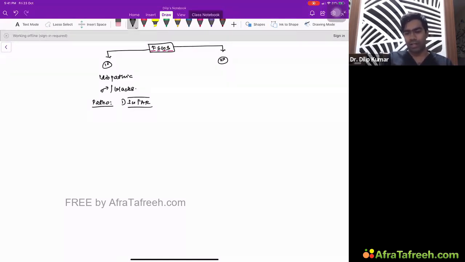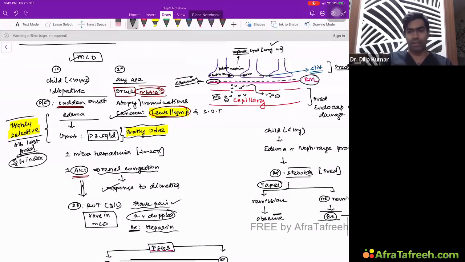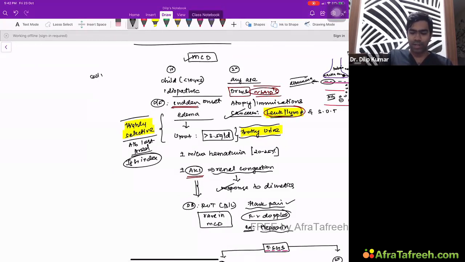That is thought to be the circulating factor that results in the development of FSGS. On the other hand, in minimal change disease, you don't have any circulating factors, but they thought it's more of a cell-mediated immunity. That's what they thought as one of the important pathophysiological factors as far as minimal change disease is concerned.